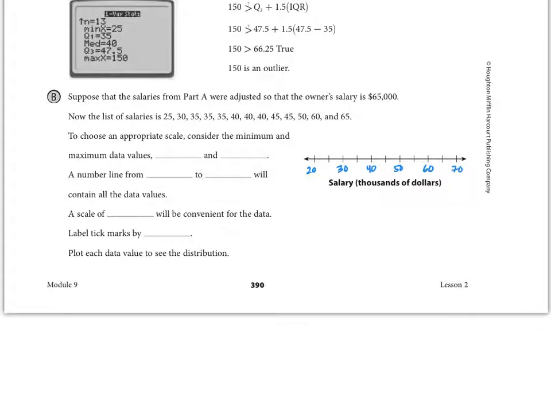So 20 doesn't show up. There's a 25, a 30, there are 3 35s, 3 40s, 2 45s, a 50, a 60, and a 65. So it looks like the same data except that 65,000 has been added onto that.